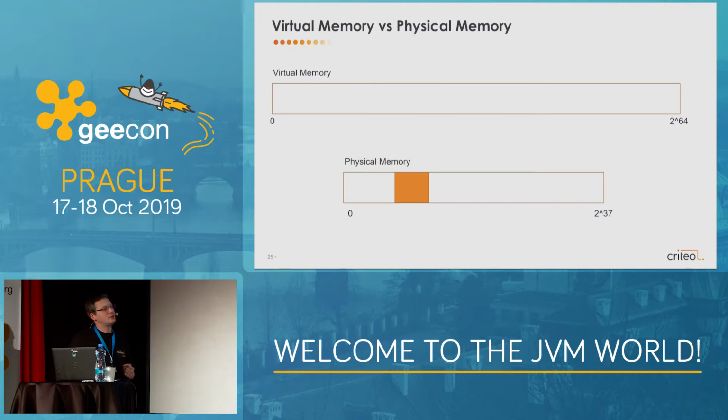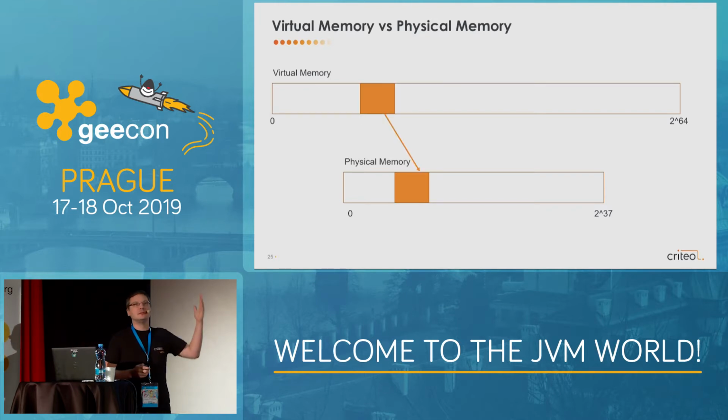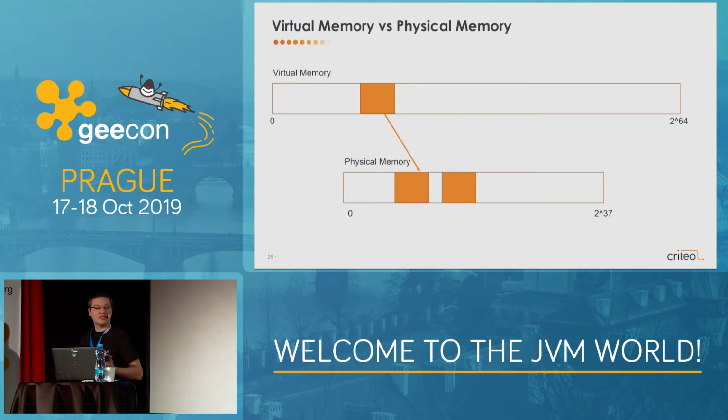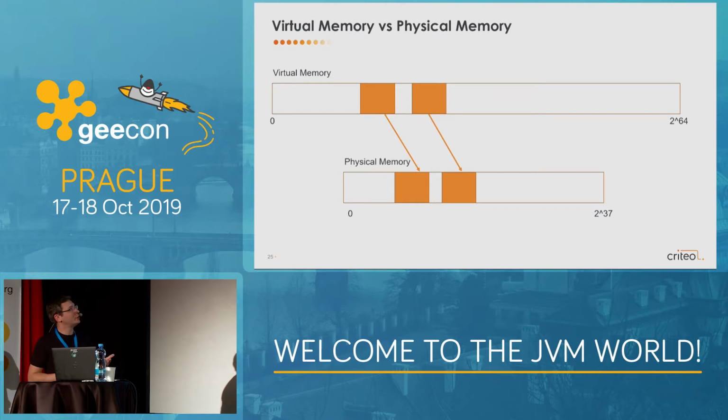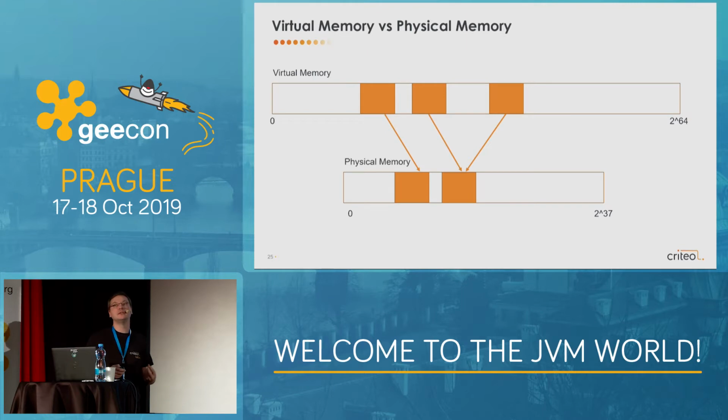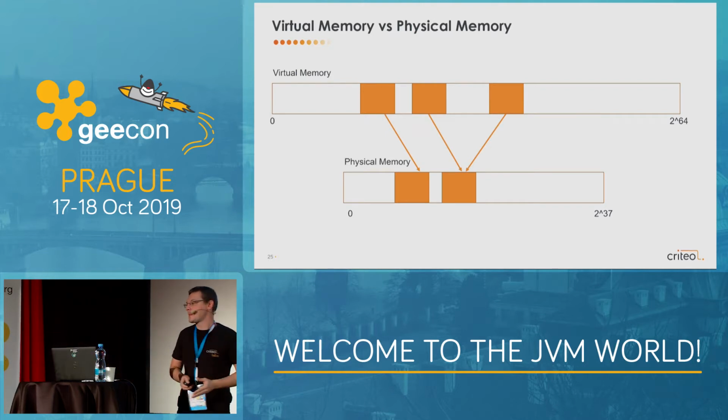We can allocate a page into physical memory and back it with a virtual page. We can allocate another physical page backed by another virtual page, but also we can allocate a new virtual page that is backed by the same physical page as before. So we can have 2 or more virtual pages that point to the same physical page.